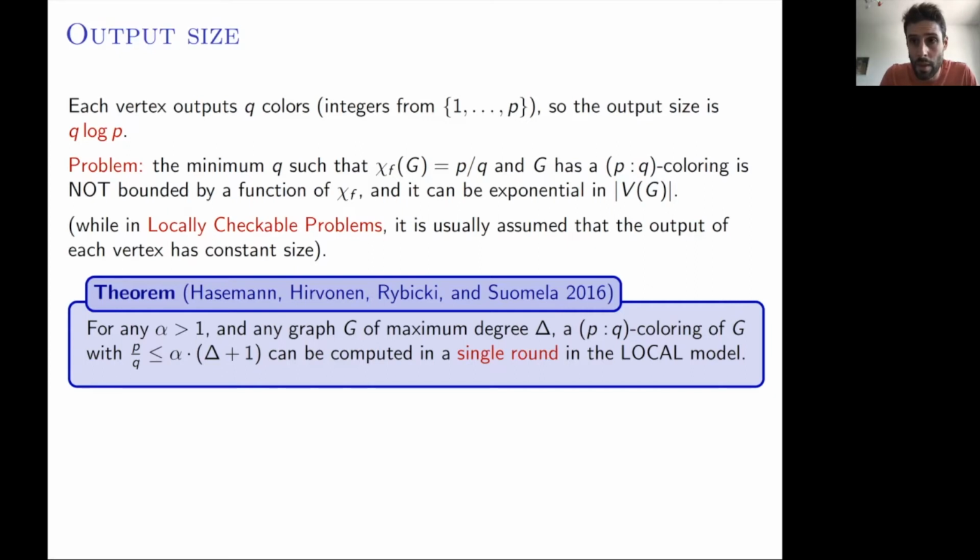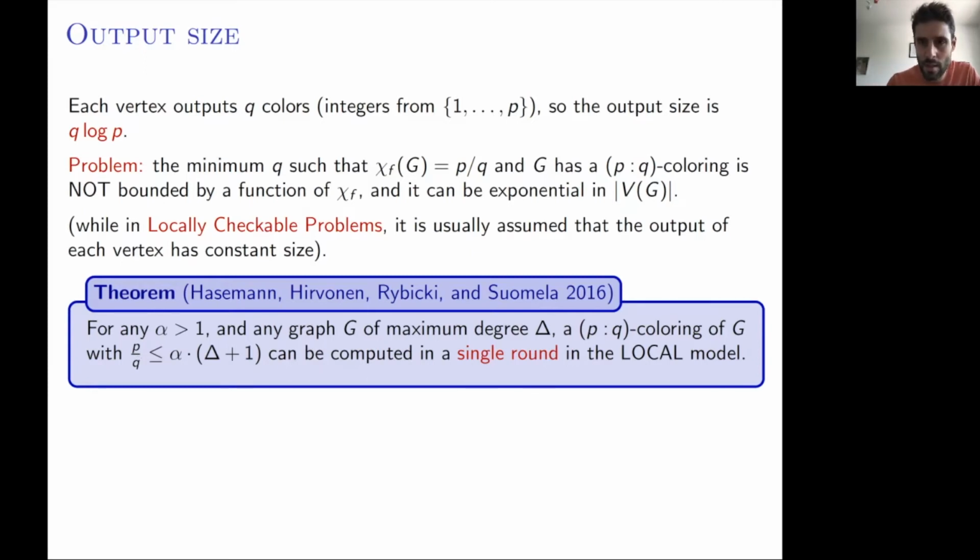The constants would be larger than 1. And the improvement is that you can do that in a single round of communication. So this is much better than log star n. And this is quite amazing. But of course, the p over q is very large.